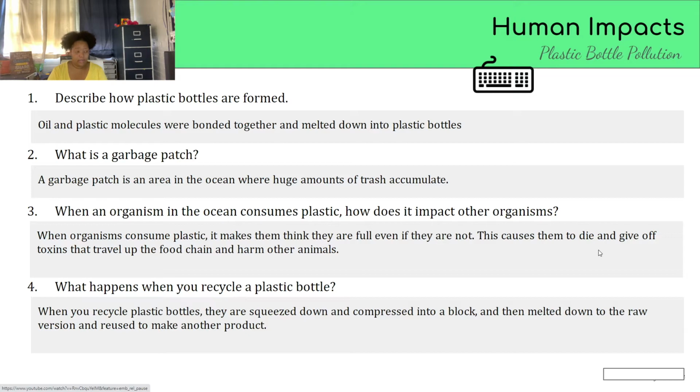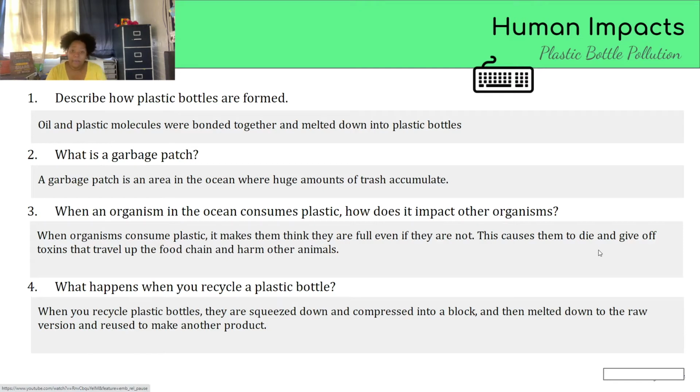The third question says, when an organism in the ocean consumes plastic, how does it impact other organisms? So as we saw in the video, sometimes sea creatures and different organisms can get confused and mistake plastic and other objects for food. And when they eat it, it makes them think that they're full, even though they actually aren't. So then the animals can end up starving to death.